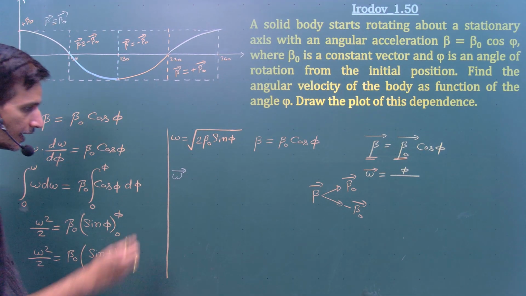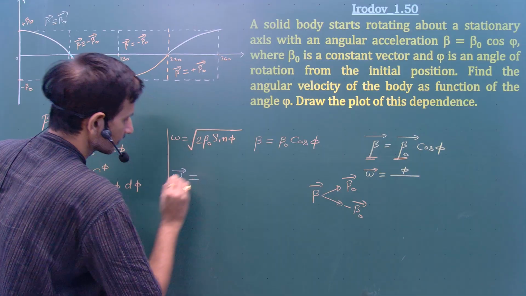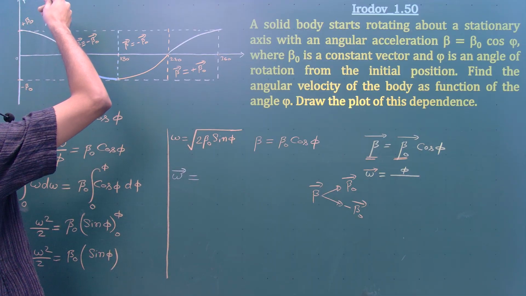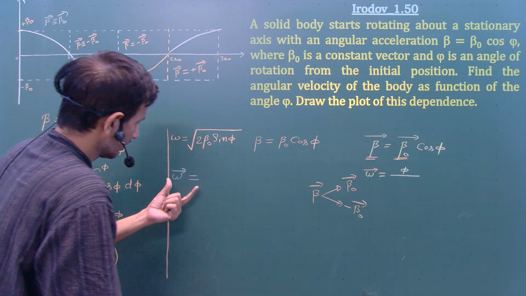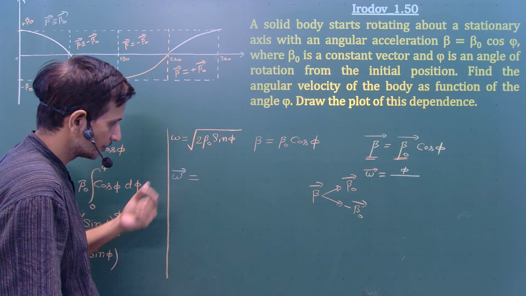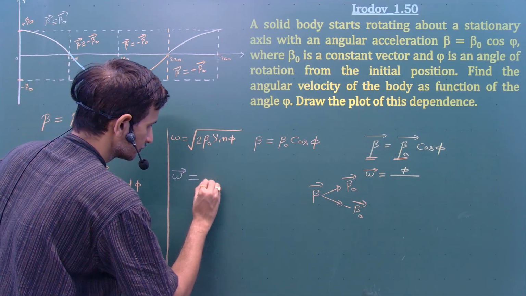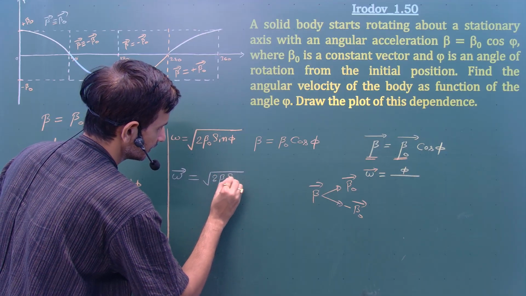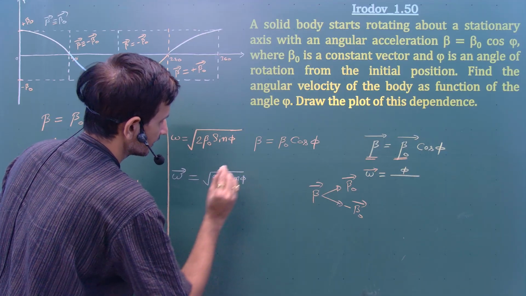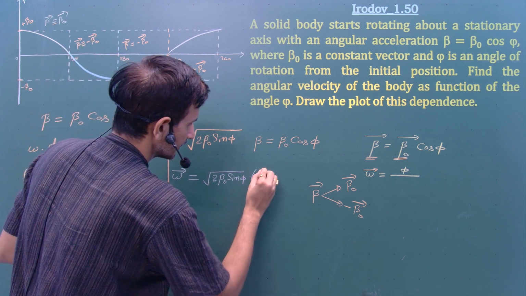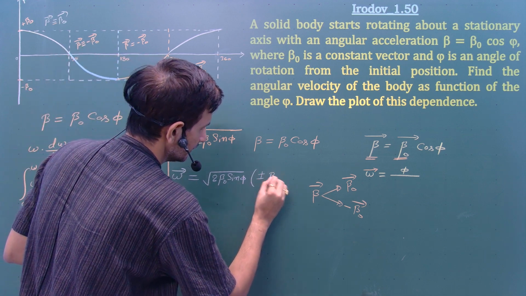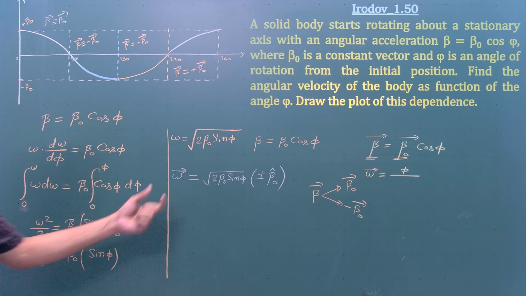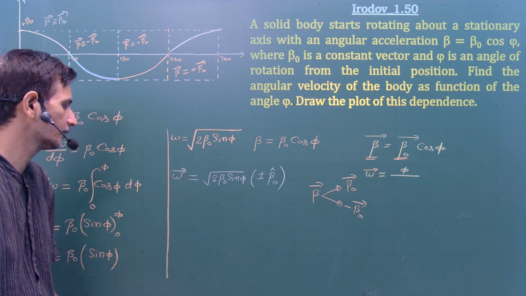So the direction of omega can be either beta vector or minus beta vector. So we can write vector omega as, first, its magnitude part. Its magnitude part is root of 2 beta naught sin phi, and the direction part is plus minus beta naught k cap. So this is the vector of omega.